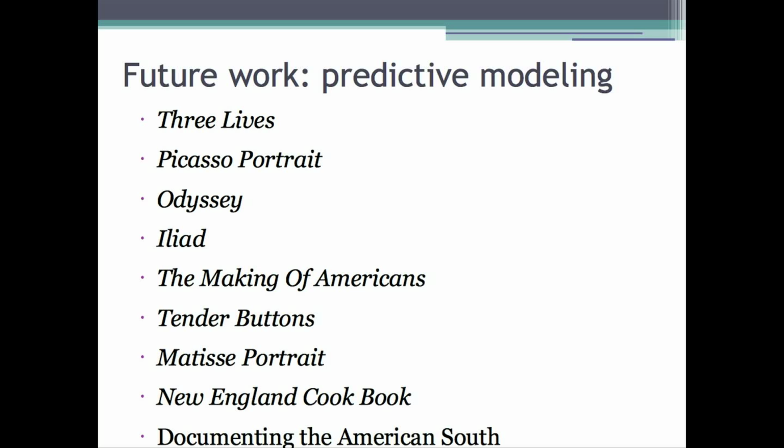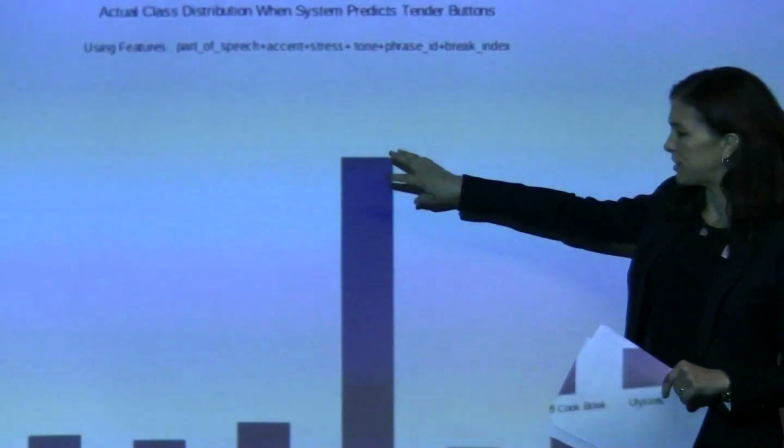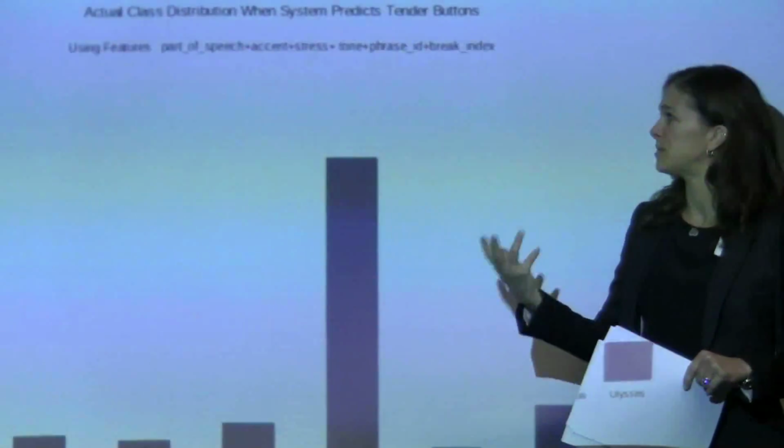There's an article written by a scholar who says this New England cookbook, written about 1905, has many of the same sound structures as Tender Buttons. And so what we did was some predictive analysis where what you're seeing are those 10 texts that you just saw down here on the bottom. This is the computer predicting Tender Buttons, whether the text is looking out in terms of sound.